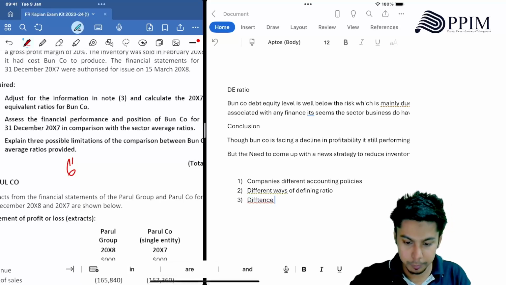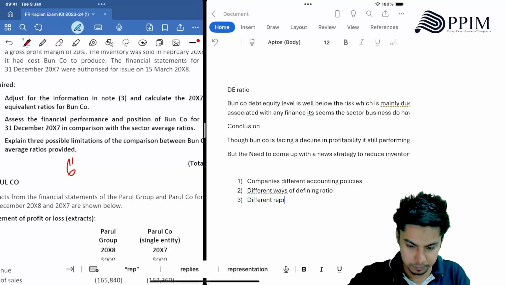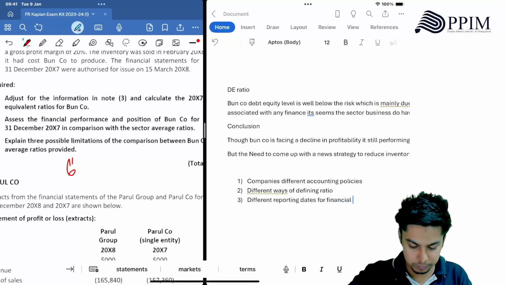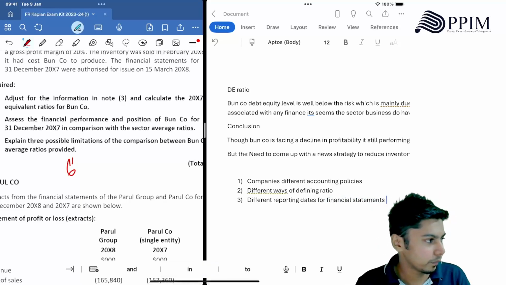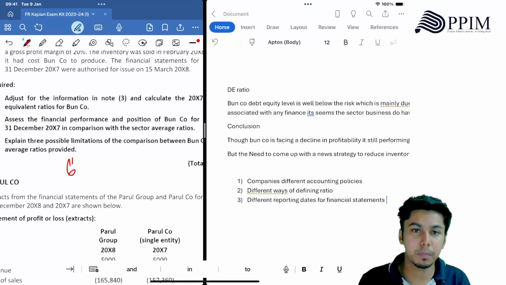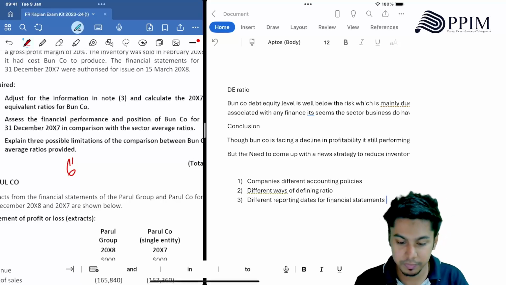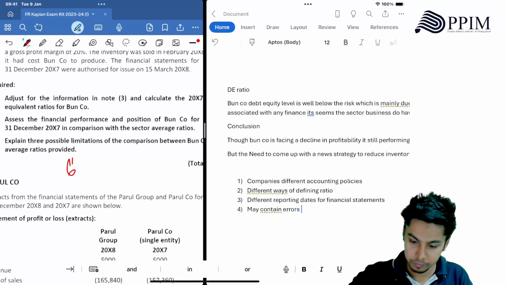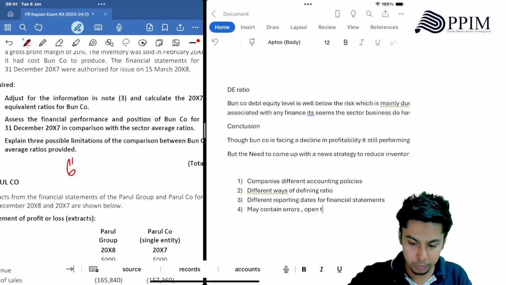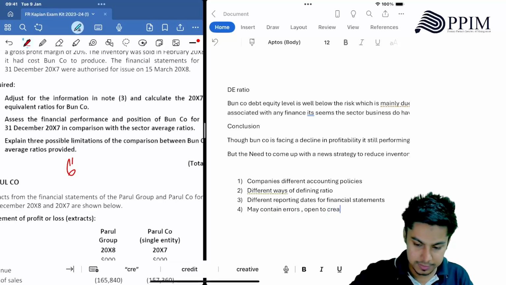Number 3: different reporting dates for financial statements. So I can prepare for December, they can prepare for March. Then when we compare that way, it's not correct. Then you can tell some generic reasons: may contain errors, open to creative accounting, things like that.